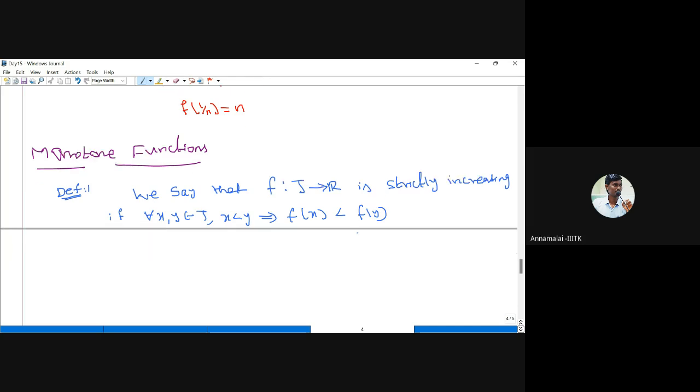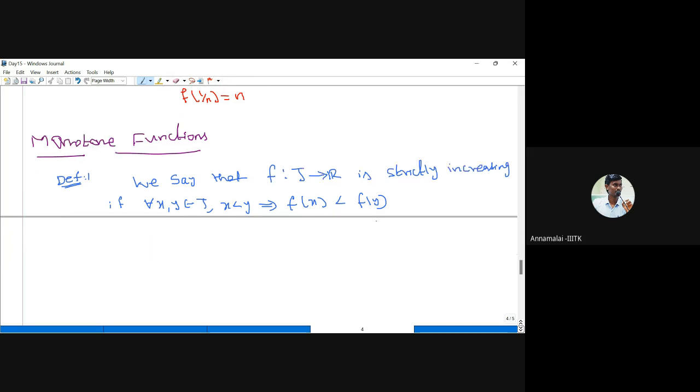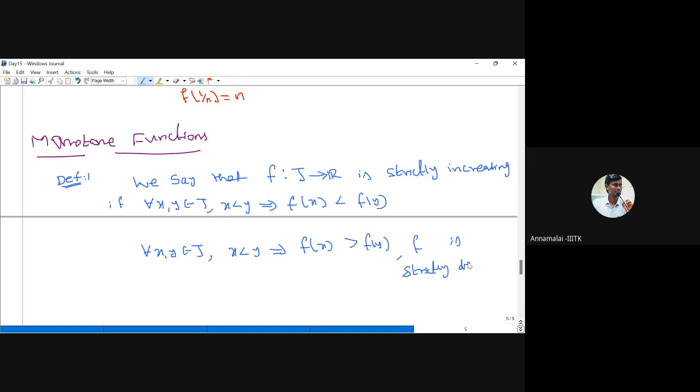Suppose the conclusion is f of x greater than f of y whenever x is less than y, that function is a decreasing function. Similarly we can define decreasing. If you take any two points x, y in the interval with x less than y, but f of x is greater than f of y, then we say f is a strictly decreasing function.